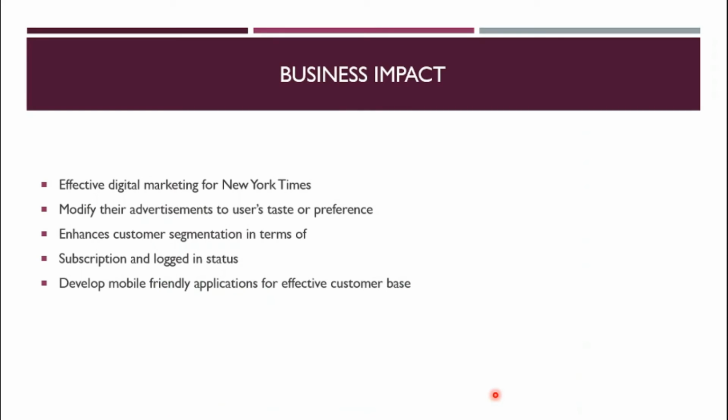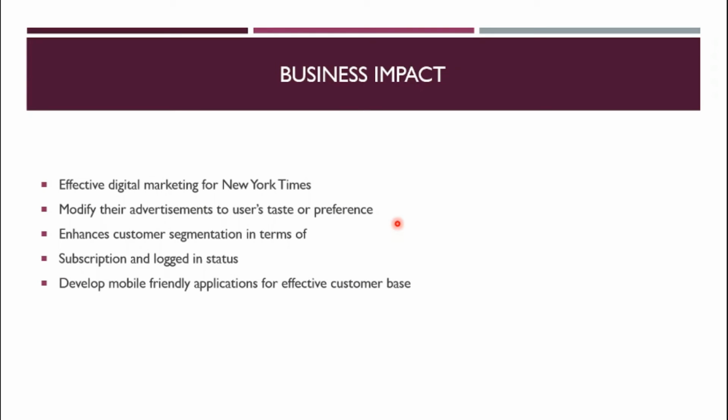Now the business impact. How is this going to have a business impact on New York Times? See, effective digital marketing for New York Times, because they will be able to understand the nature of their customers, and they'll actually modify their advertisements to users' taste or preference. So now, as we can see, females had a higher click rate, which means that the advertisement was more female friendly, and it appealed to the female audience.